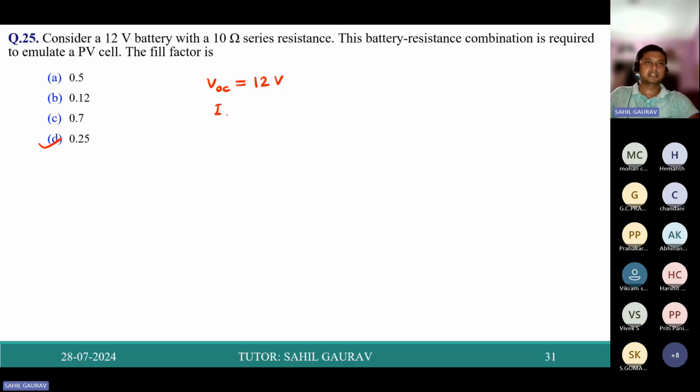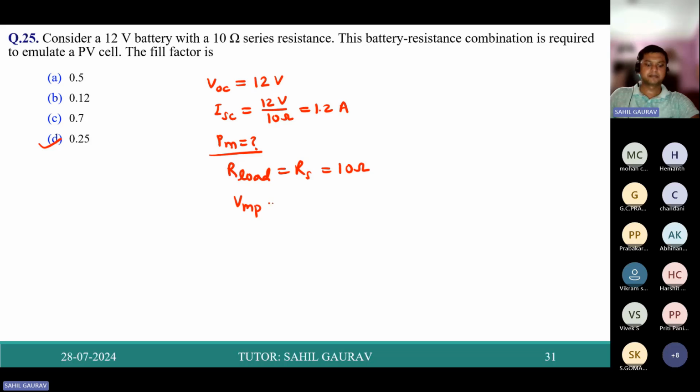VOC is 12 volt. ISC will be 12 volt upon 10 ohm, so it is 1.2 amperes. For PM, we know that R load is equal to series resistance RS, so it is 10 ohm. So VMP will be VOC upon 2.